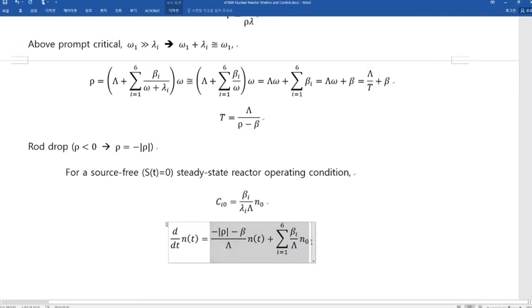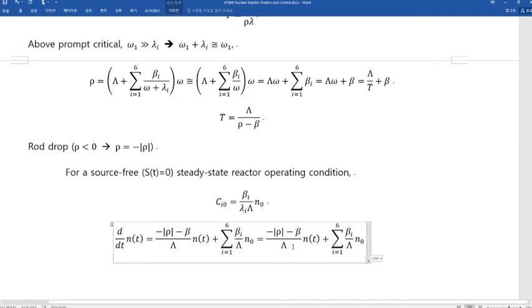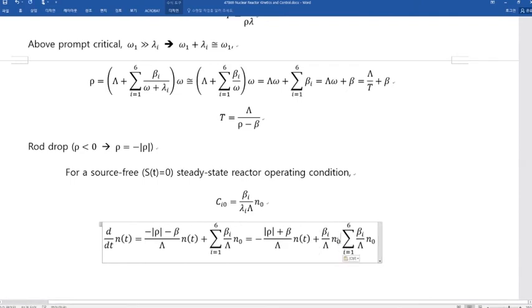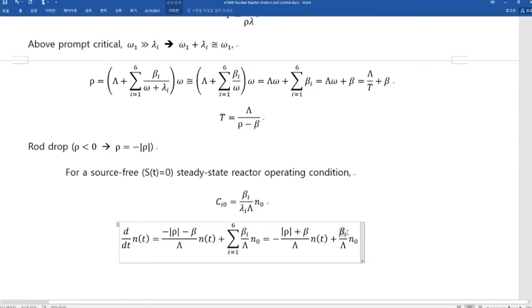So what will remain is a sum over beta i's, which is the same as simply beta.